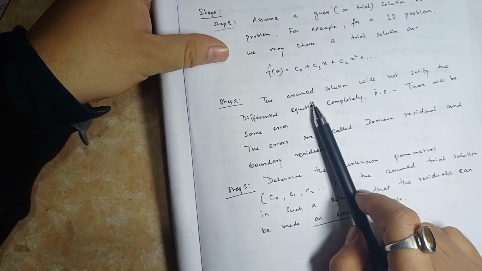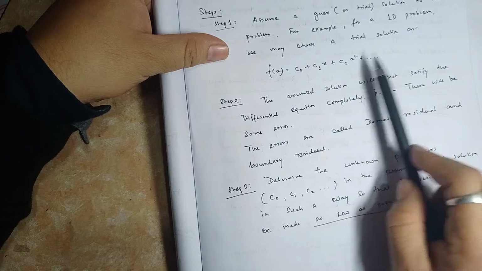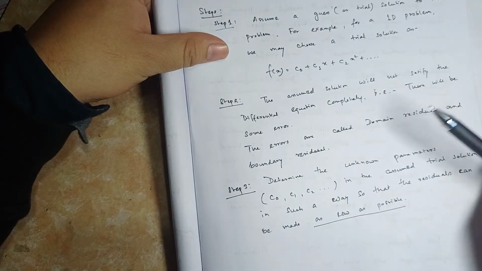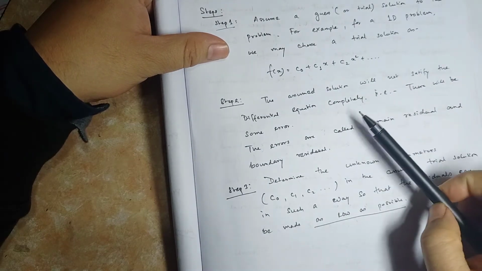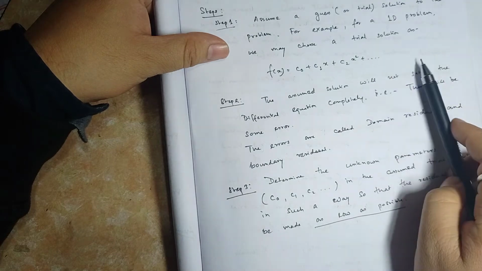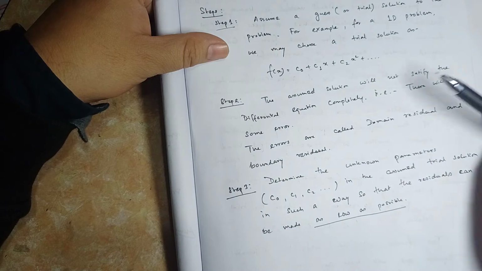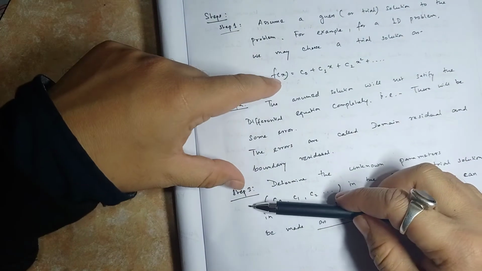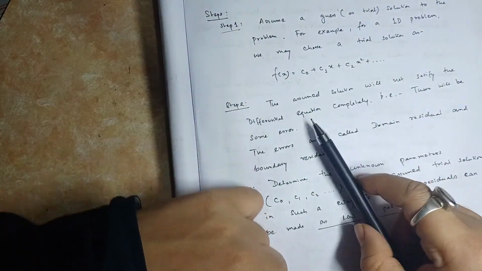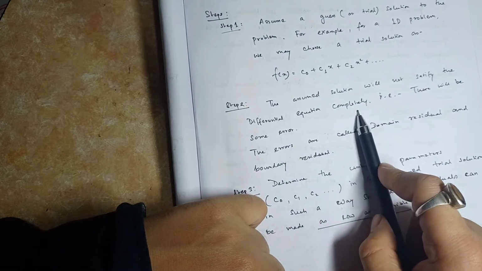Next, we plug in this thing. There are some boundary conditions in the differential equation. So when we plug in this, and use the boundary conditions, we try to find out these constants. That is actually written in step 3. Here you see, the assumed solution will not satisfy the differential equation completely.